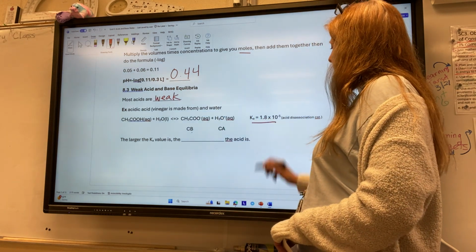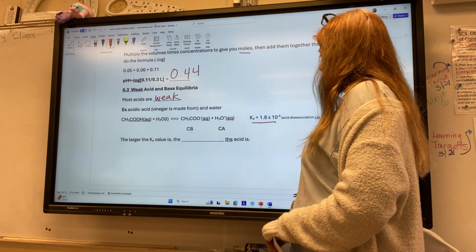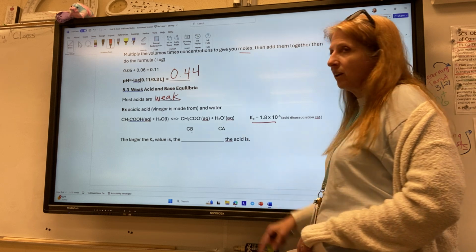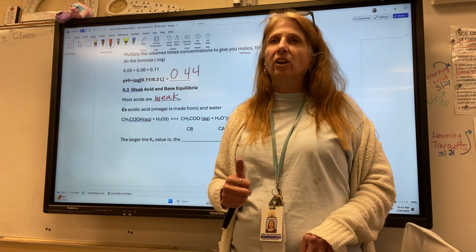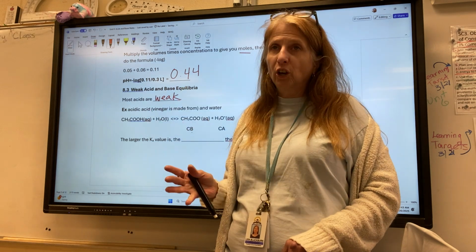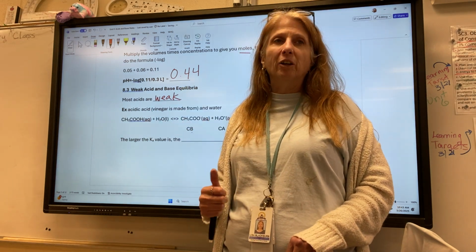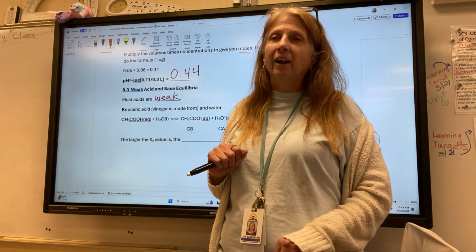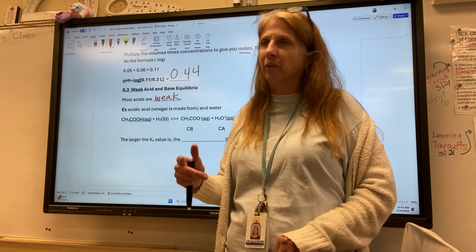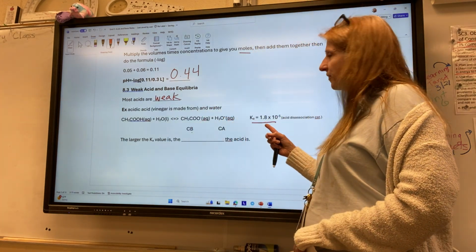And then we were given the Ka, our K for A, and it's a number. So we've learned Keq, Kc, Kp, Ksp, Q, Kw, and now we're adding another one. And remember, they're all the same thing: products over reactants raised to the power of their coefficient. This one is Ka.